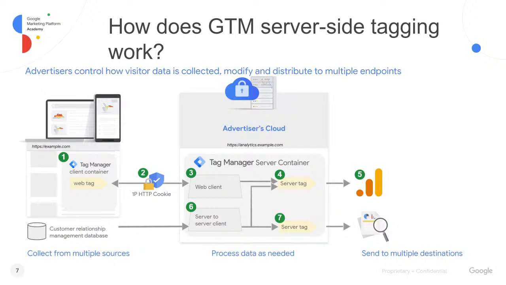We think of the web container kind of like a listener that can capture this information, and in this container we can control where this data gets passed on to. We might want to route that to an analytics server, for example, or modify that data in some way before sending it off to those third-party endpoints. That way we have more control and more security, instead of just letting them completely fly off uncontrolled.